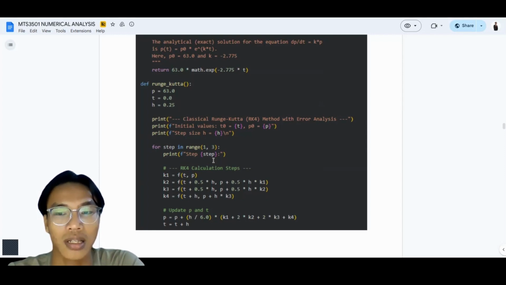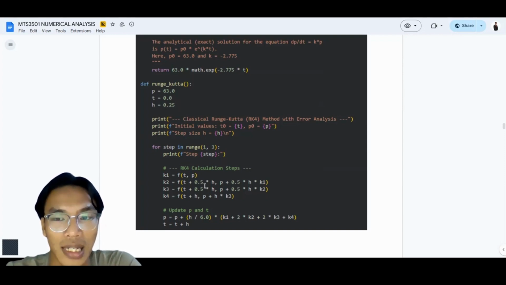This is the slope estimate at the midpoint. For K3, we take another look at the midpoint, but this time we use the slope K2 to adjust our p. This refines our midpoint estimate. For K4, finally, we calculate the slope at the end of the interval, t plus h, using K3 to get there.